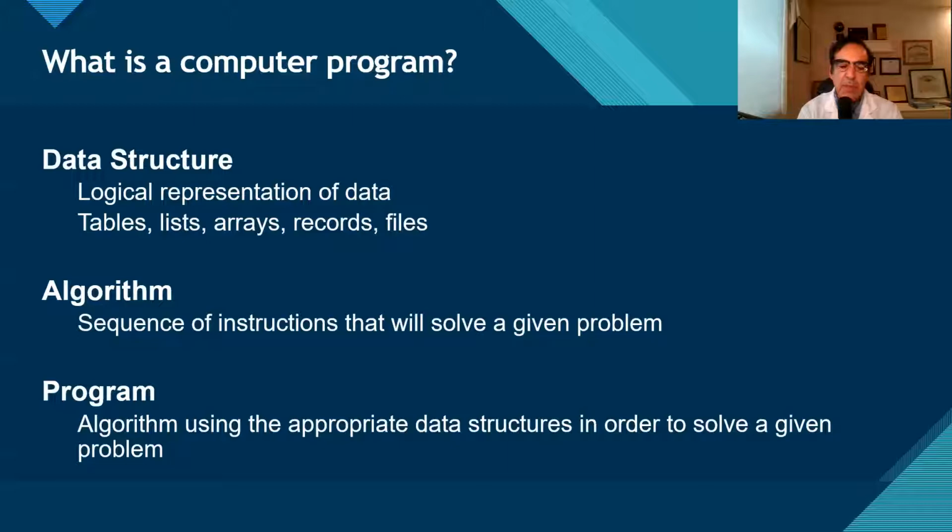There needs to be a sequence of instructions that will solve the problem that you're trying to solve. So the application really is to solve an issue, to automate something, to get something into an app. And so we need to have those instructions. And then the program is the algorithm using the appropriate data structures in order to solve a given problem. So you have your data, you have your instructions, you put those together and you get a computer program.